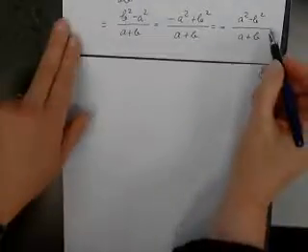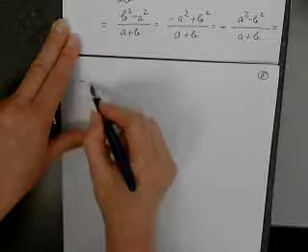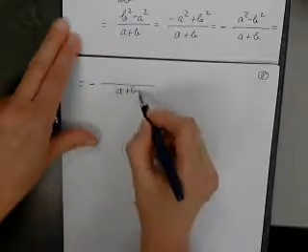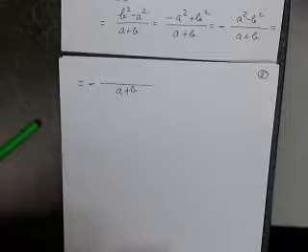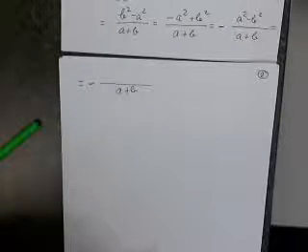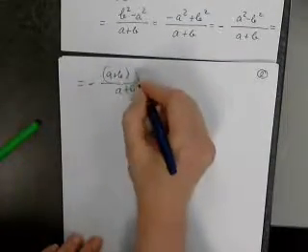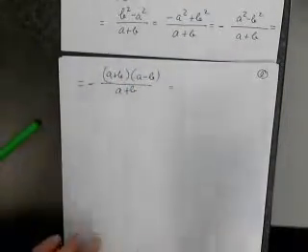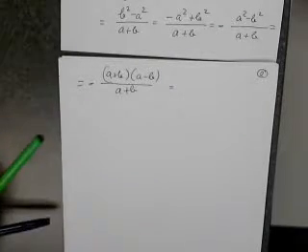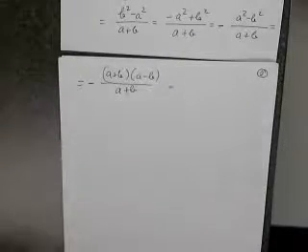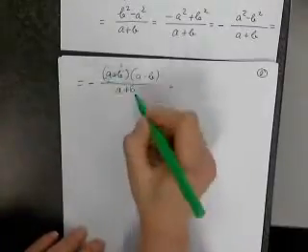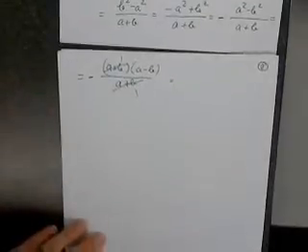Good. So what do I do now? What do you think I'm going to do now? Yes. How? Exactly. Therefore, getting rid of one more factor, which is final simplified form.